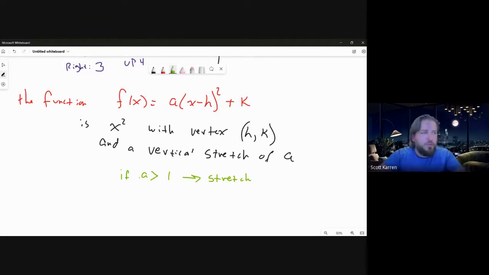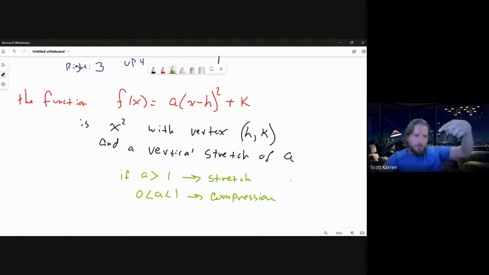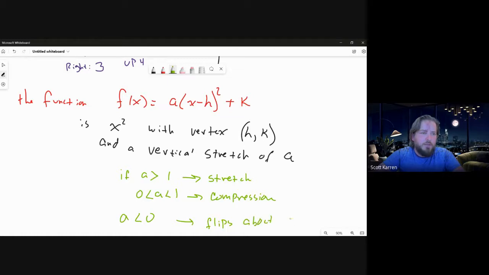But if a is between 0 and 1, then it's a compression, right? If a is a half, then everything gets squished by a half. And so this is a compression. And then if a is negative, then it flips it, right? If it's a negative a, then all of that, instead of going up, it's going to flip down and go downwards. And so if a is less than 0, then this thing flips about the x-axis.